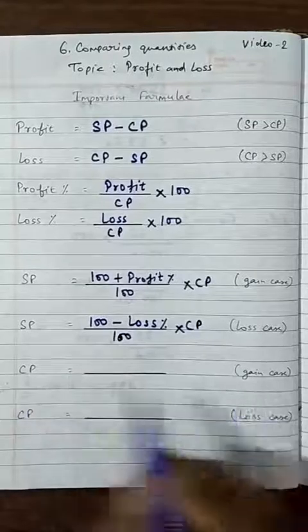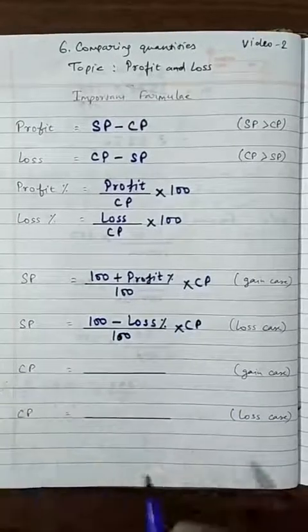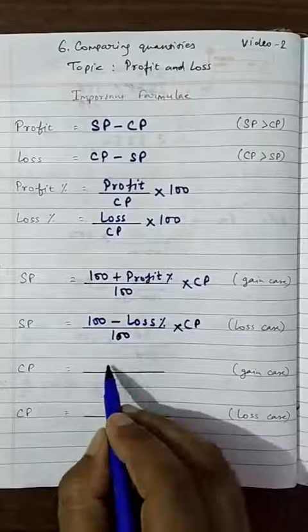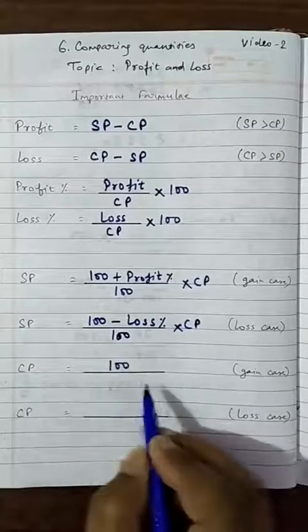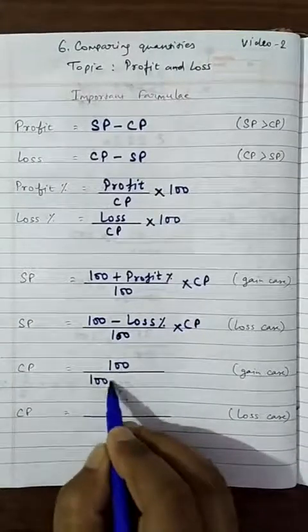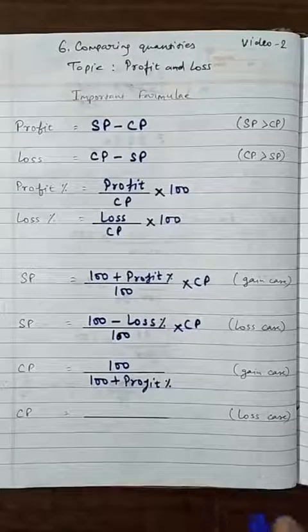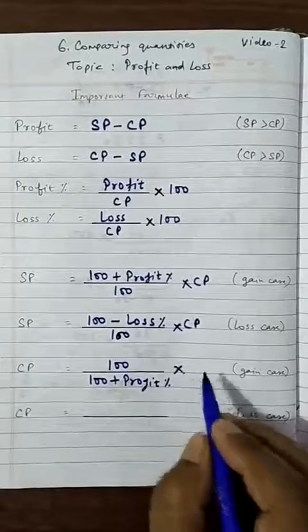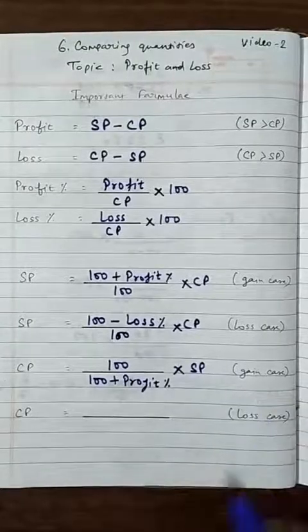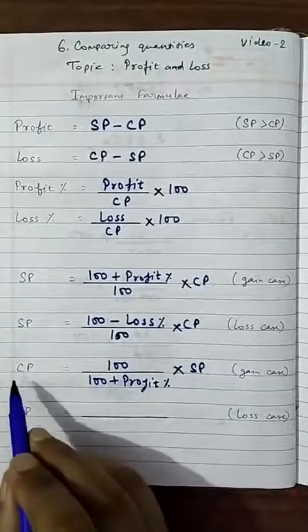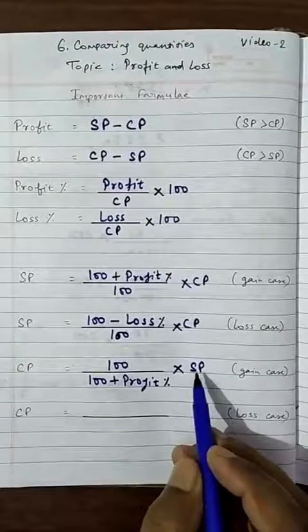Then in the gain case, formula for CP is 100 upon 100 plus profit percent multiply by SP. When CP is here, SP is here, okay?